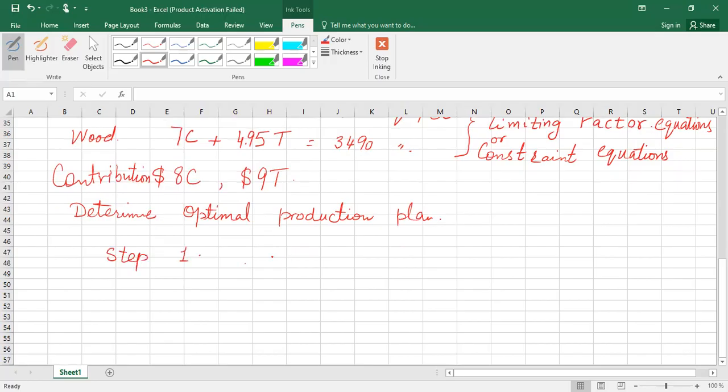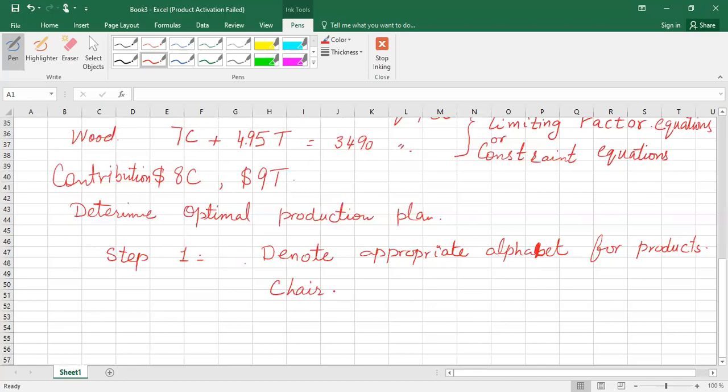Step number one is to denote appropriate alphabets for products. We have two products. Chairs, we are denoting C here. We have already used this letter. Tables are denoted by T.